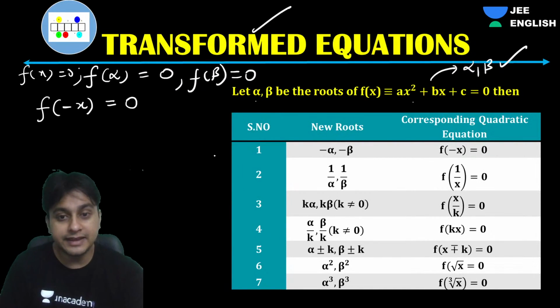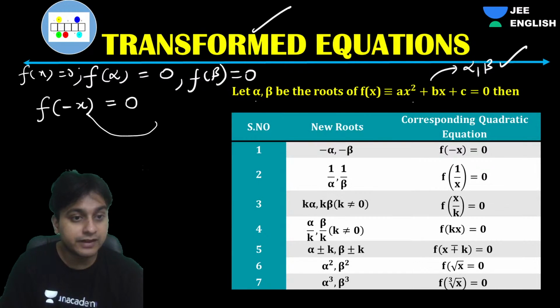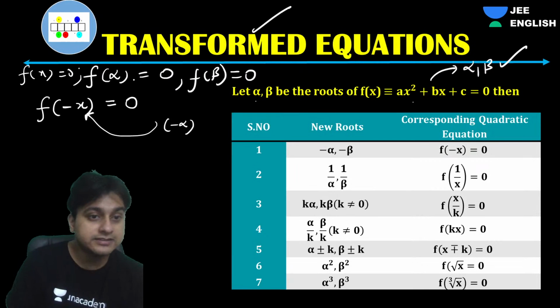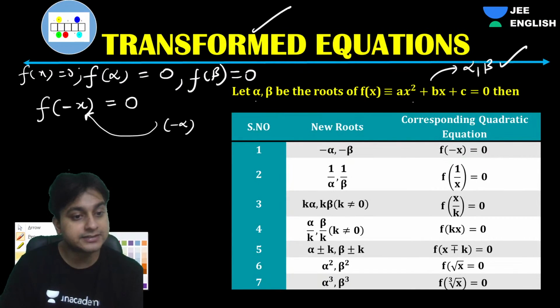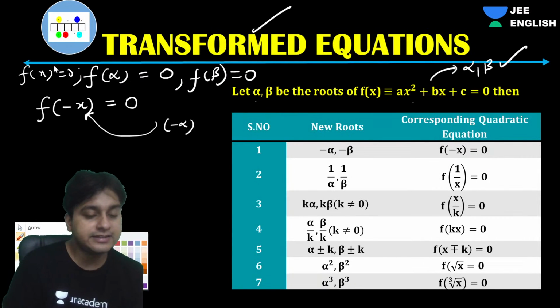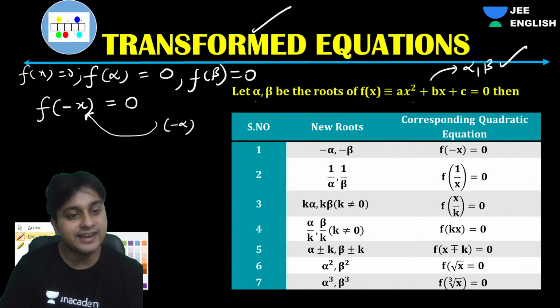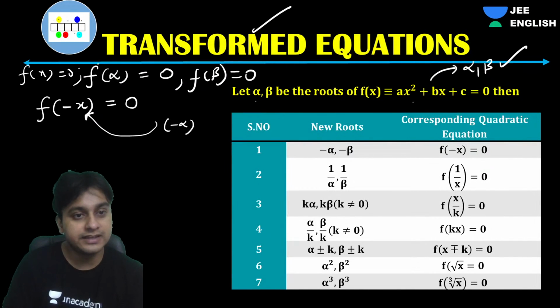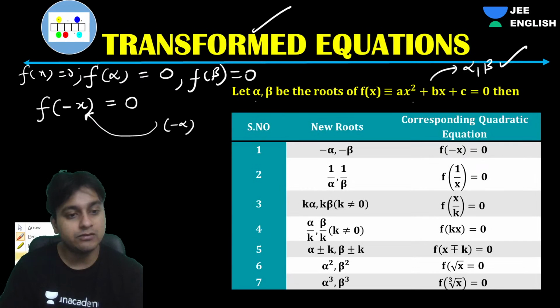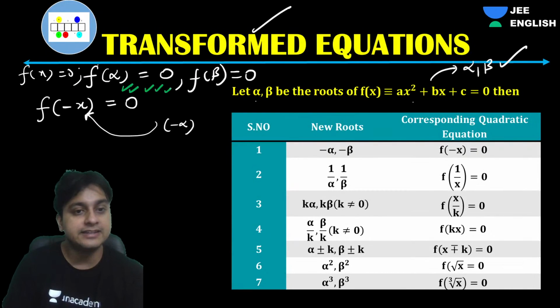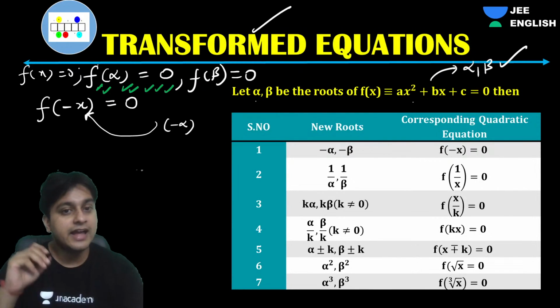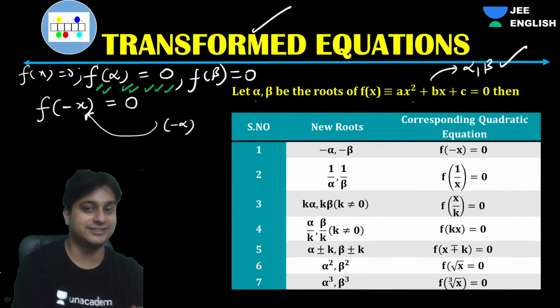Because guys, as I put minus alpha here in place of x, won't this thing come up? Yes. Think like this: this thing is the reality, and the reality has to be achieved.